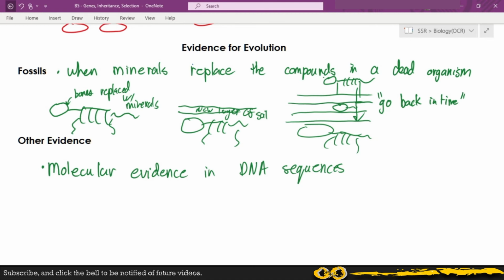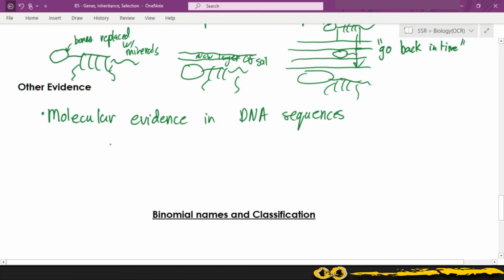And so you might look at it and say, well, maybe that mutation happened at the same time in all these different species, but it's more likely that they came from a common ancestor. And so that's where you'll start to see these trees that you might have seen developed, where you've got individuals branching off from common ancestors, and that's going back in time as you go back down the tree.